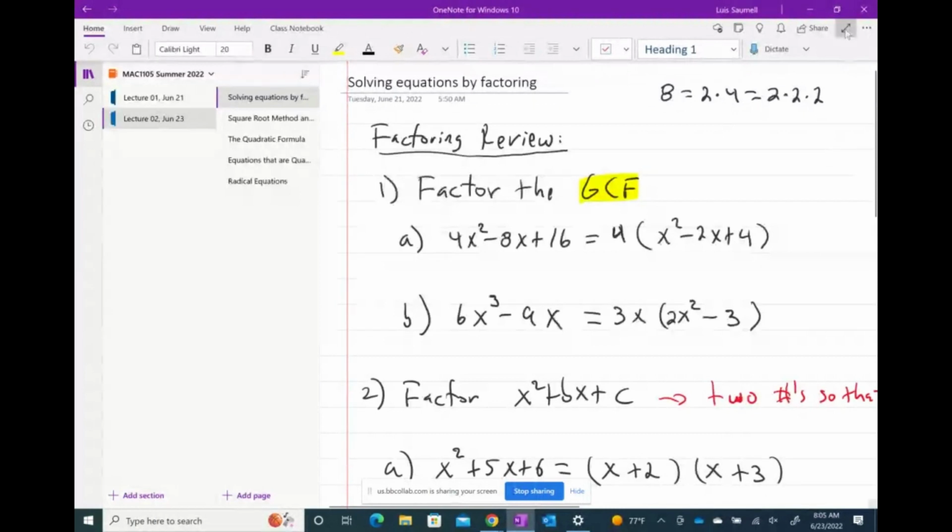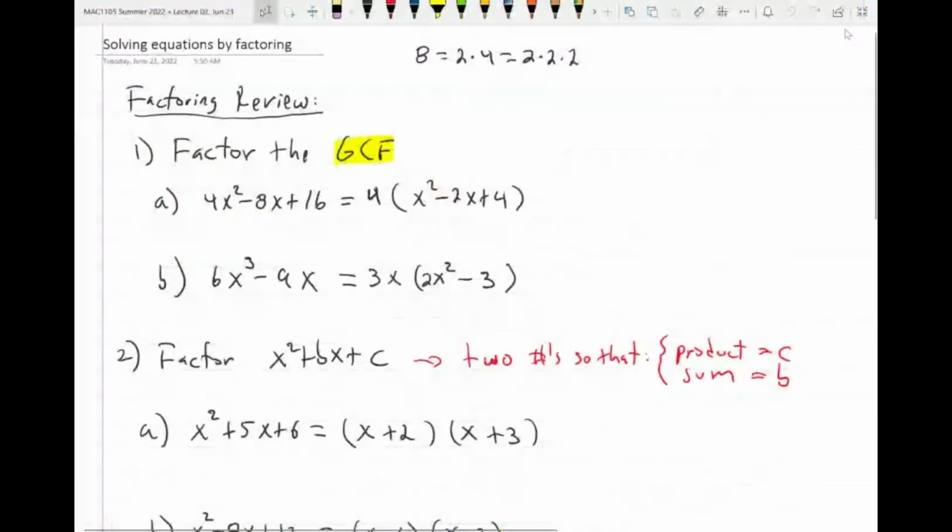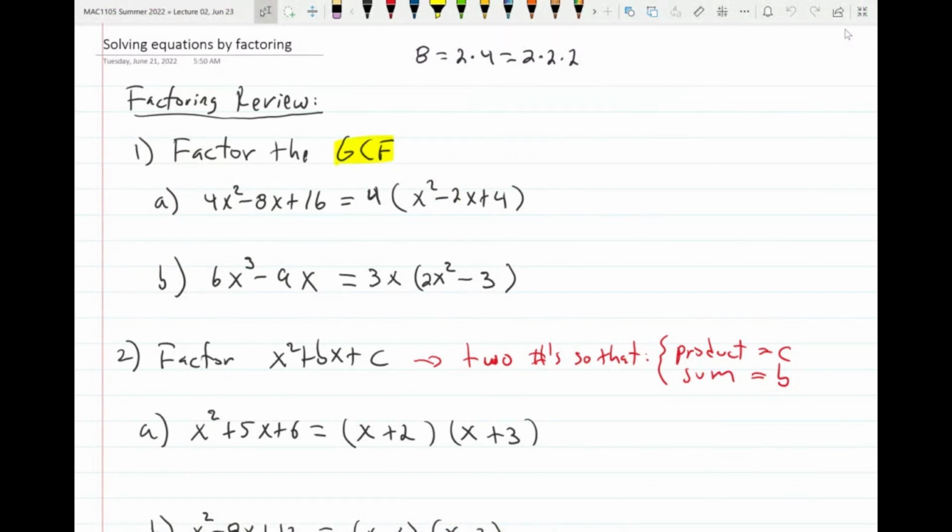Oh, very good. All right, so last time we talked about complex numbers, and then I wanted to start talking about equations, but we didn't have time to begin this. So the first thing that we did was we discussed a little bit about factoring. Some basic techniques of factoring, because that's a good tool to know when you want to solve an equation.